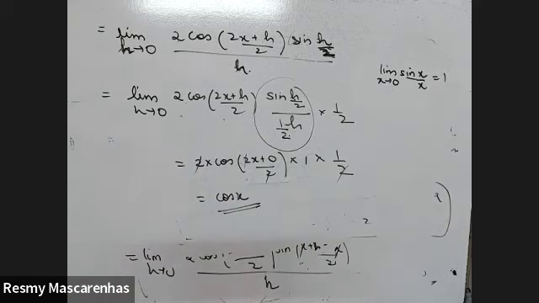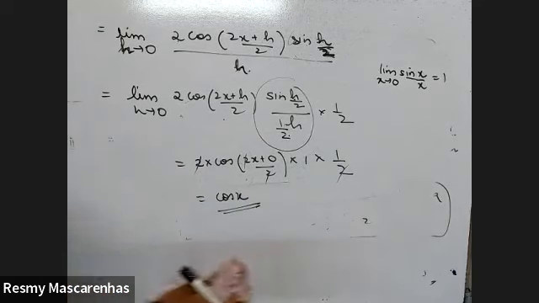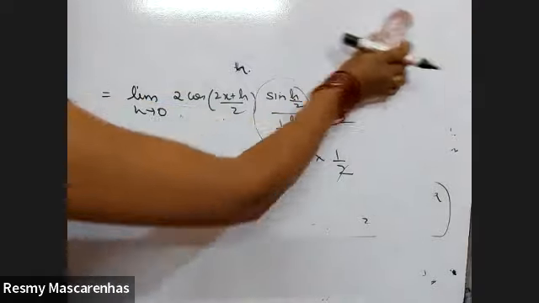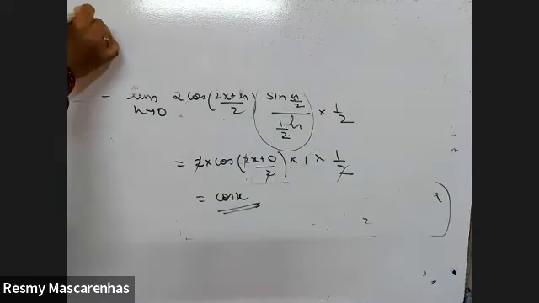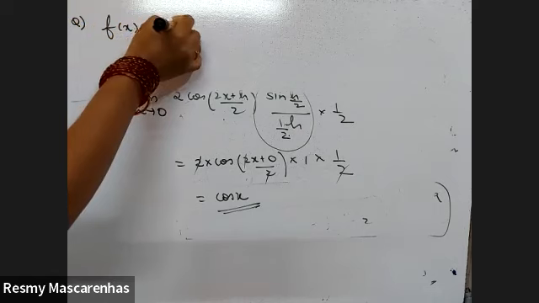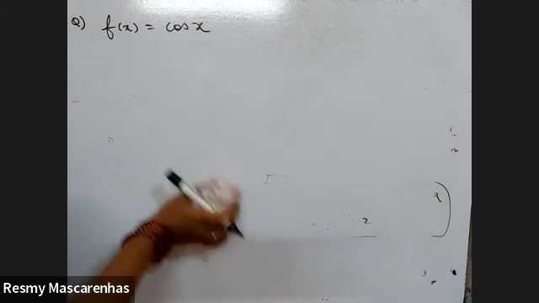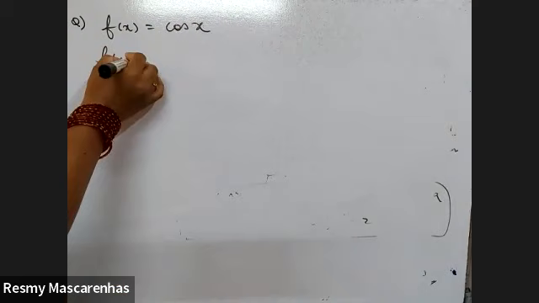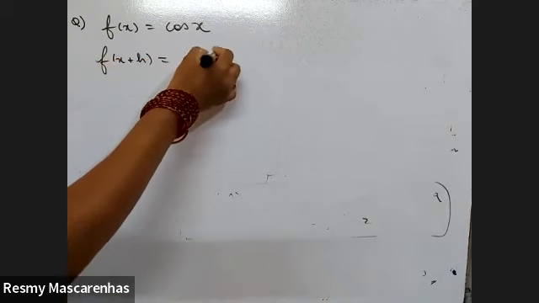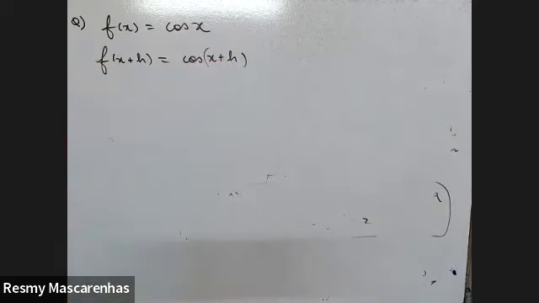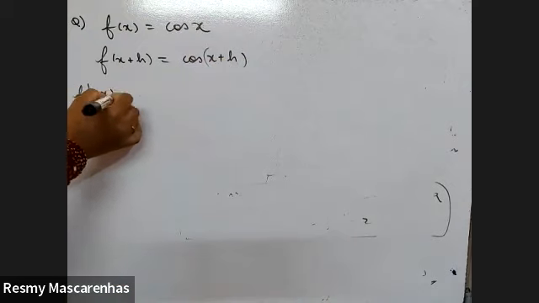The last one for today, we'll find derivative of cos x. What is derivative of cos x? Same thing. Just repeat everything again. F of x plus h will be cos of x plus h. Now start with the formula.